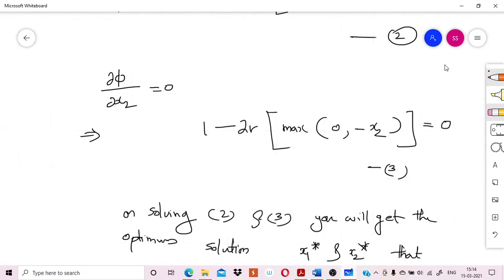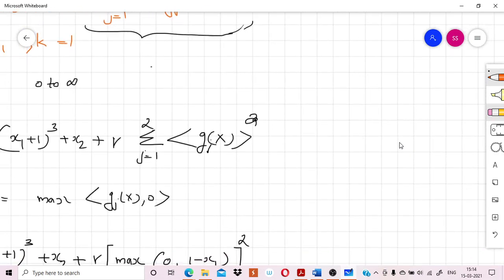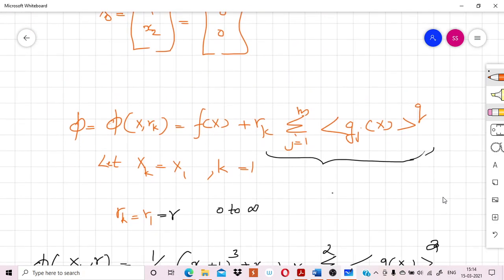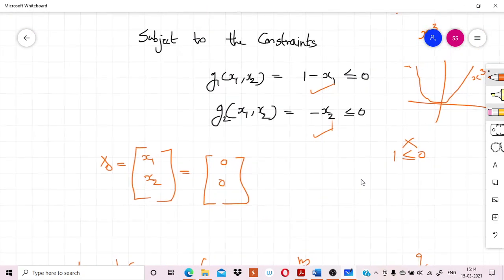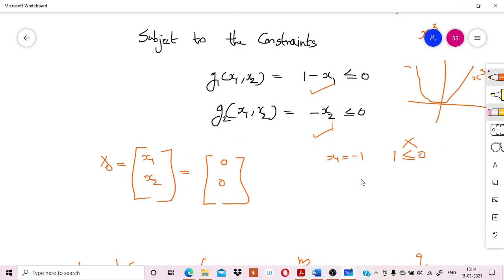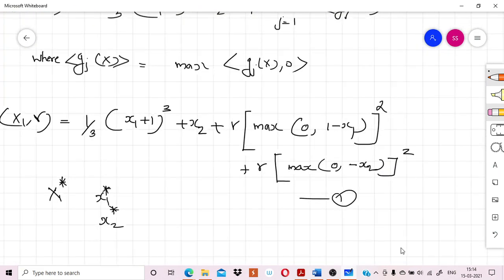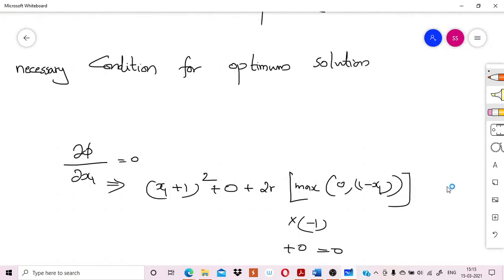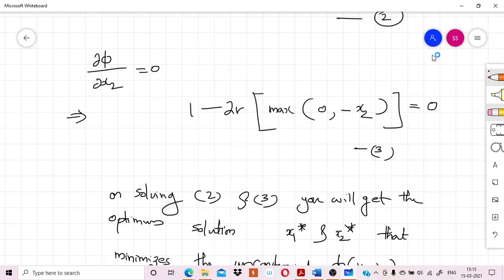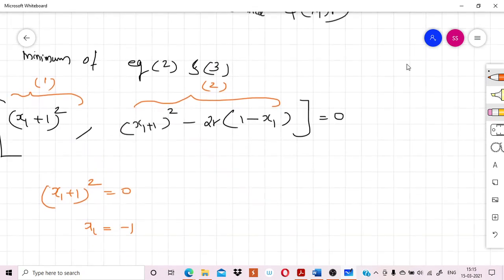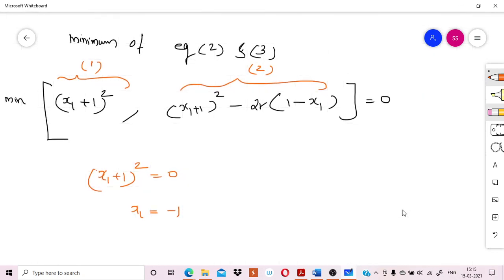With x1 equal to minus 1, 1 plus 1 you will get 2, so 2 less than or equal to 0, again this g1 constraint got violated. Okay, so that means you have to pay another penalty also. So you cannot take that into consideration. Okay, so that should not be violated.